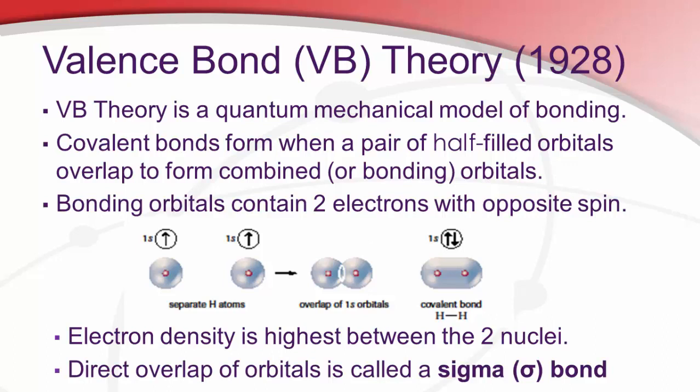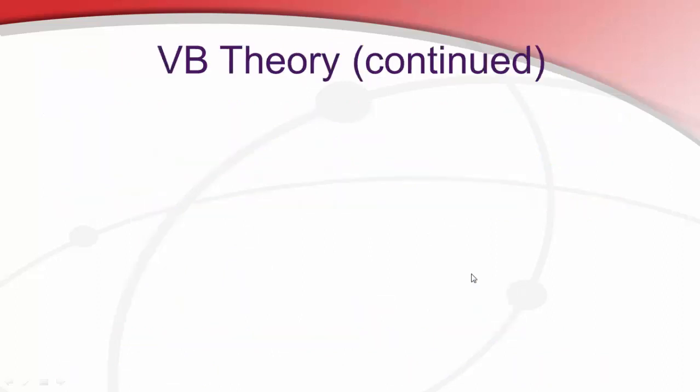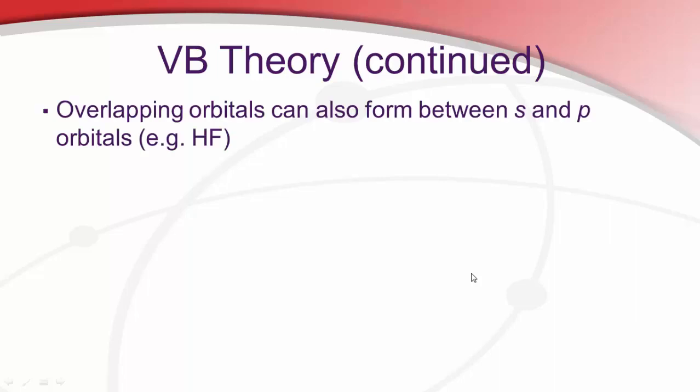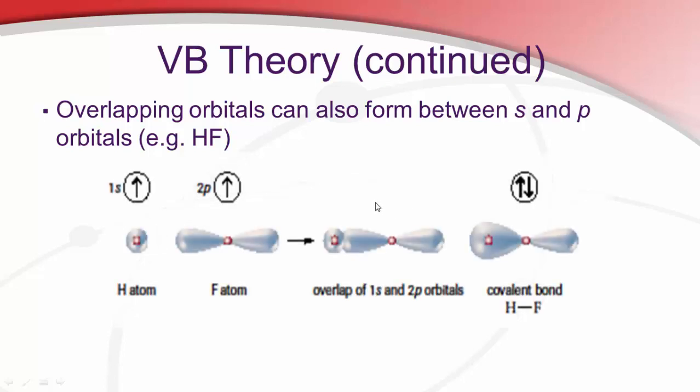When we have direct overlap of orbitals, we call this a sigma bond. And this won't necessarily be just between a 1s and a 1s orbital, as we'll see in a bit. So overlapping orbitals can also form between s and p orbitals.